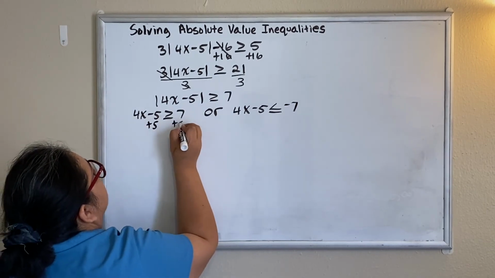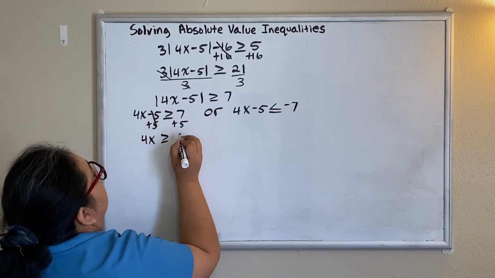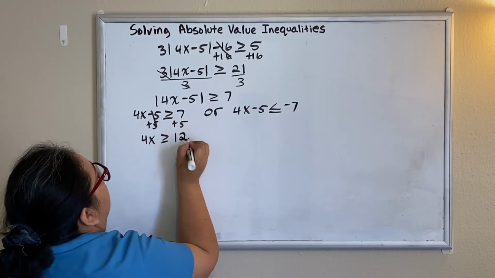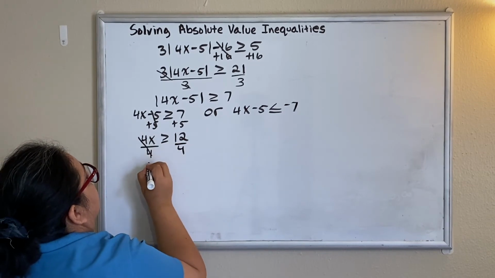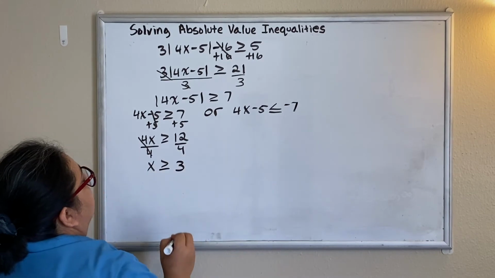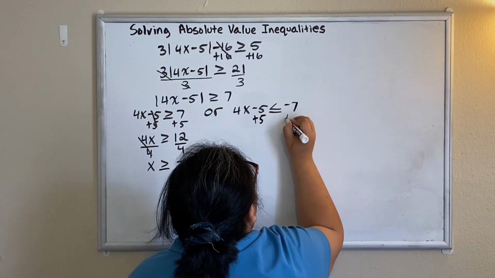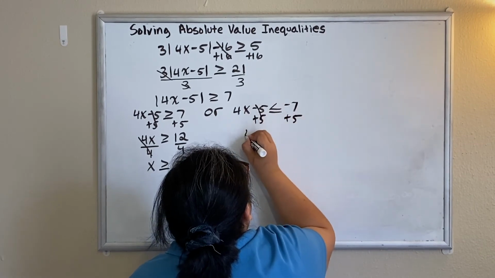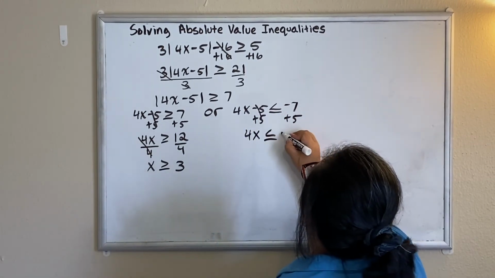Adding 5 to both sides here, I get 4x is greater than or equal to 12. If we divide by 4, this reduces, and x is greater than or equal to 3. Over here, adding 5 to both sides, this reduces, and 4x is less than or equal to negative 2.